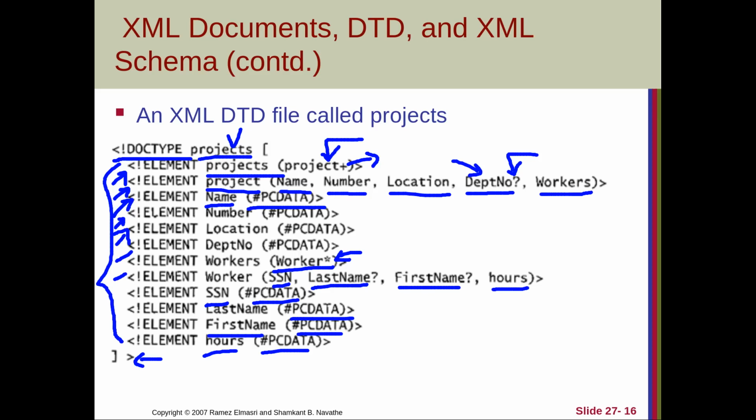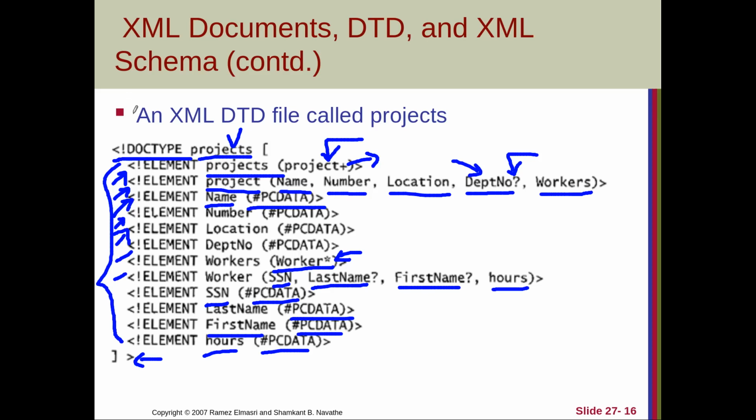Otherwise, if it is following all the syntax properly, it can only be called a well-formed XML document, but it can be called a valid XML document only when it is following the conditions given in a given XML DTD. So now the DTD is given. Now if you are creating an XML document and if it is following all of these conditions, then we can call that XML document a valid XML document.